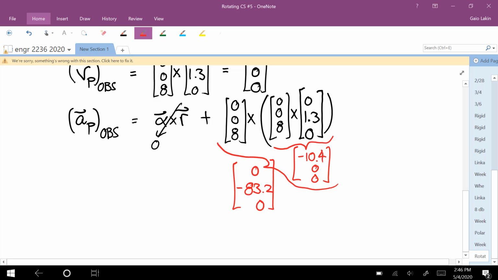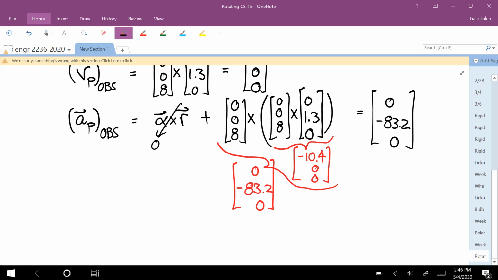This one is 0, and so our answer for this whole thing comes out to be 0, negative 83.2, 0. That's the observed acceleration of p. What a camera that's fixed to that rotating disk would think is the acceleration of p.